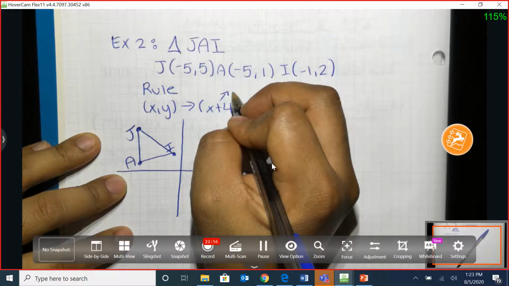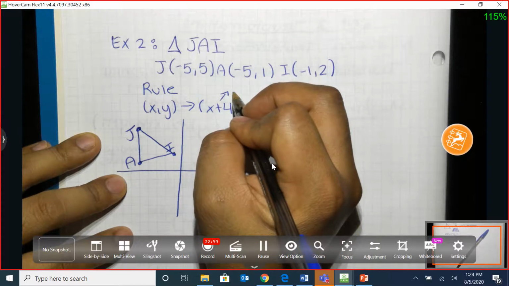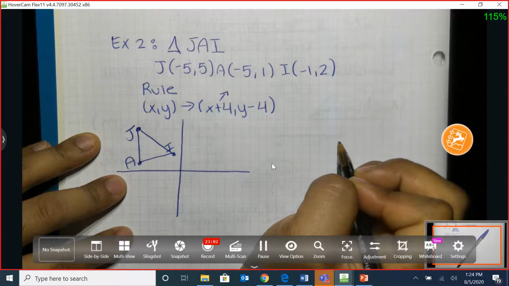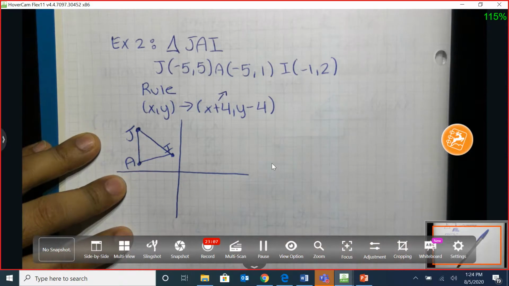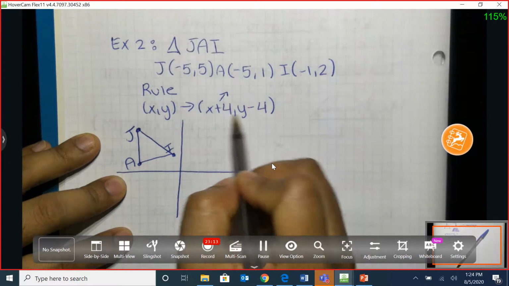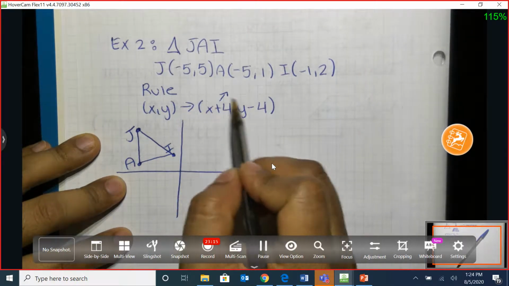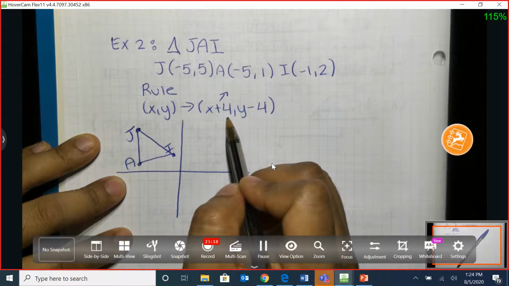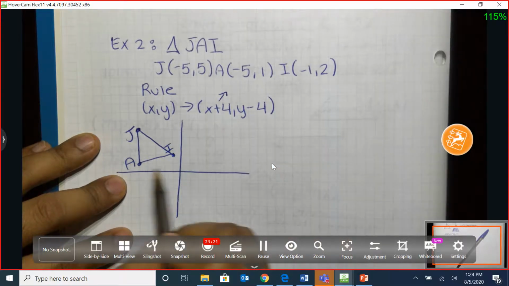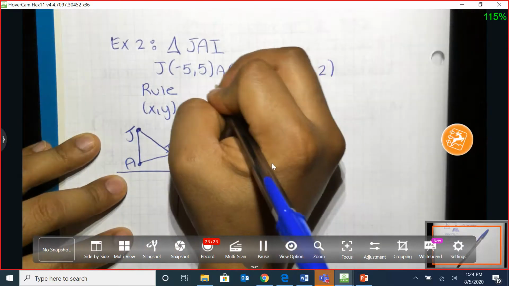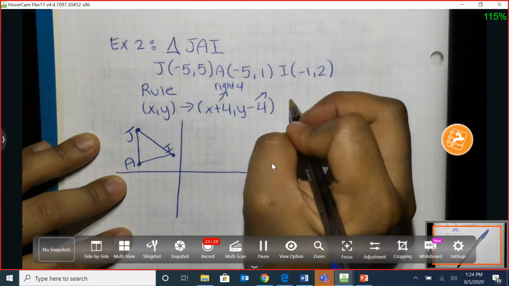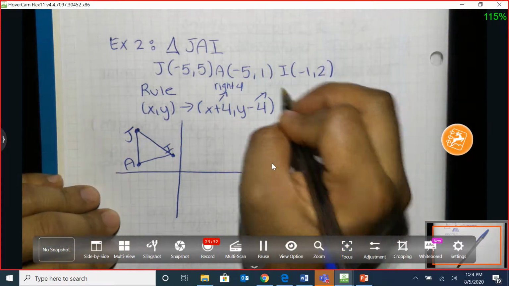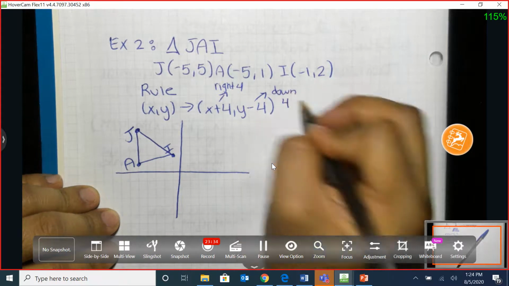You can write it in the chat as well if you don't want to talk to me. Can you guys still hear me? Okay, so we're looking at the rule right now. On the x-axis, where am I going to go? Okay, so write 4. And then on the y-axis, down or up? Thank you so much. Down 4, yes.